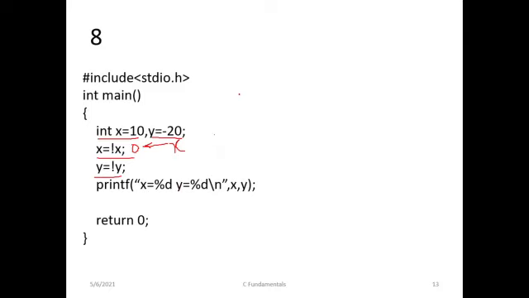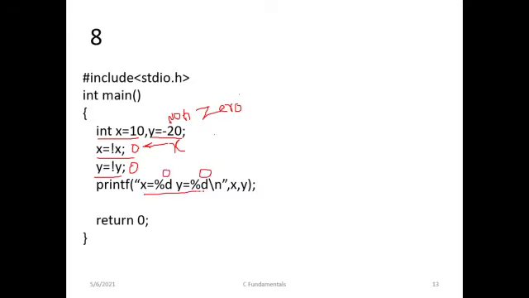Anything which is not zero is taken as non-zero. So as far as y is concerned, for a relational operator it is a non-zero value. So y is not y, so y is also 0. Right? Now when we are trying to print x and y, we will be getting x is 0 and y is 0.